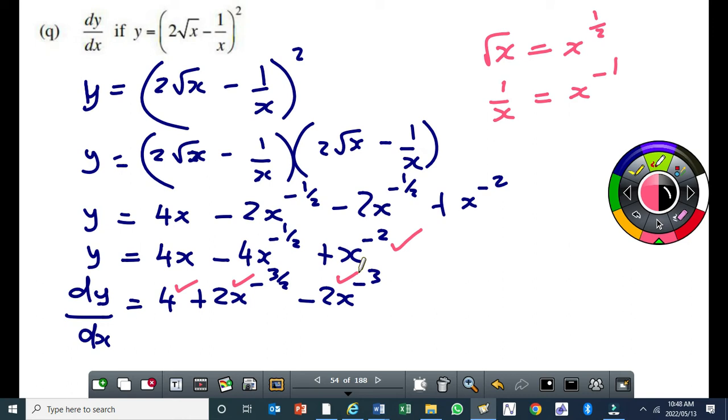So on the safe side, you can go further and write this as 4 plus 2 over the square root of x cubed, minus 2 over x cubed. There is a minus here. All you have to do is convert x to the power of minus 3 to 1 over x cubed.